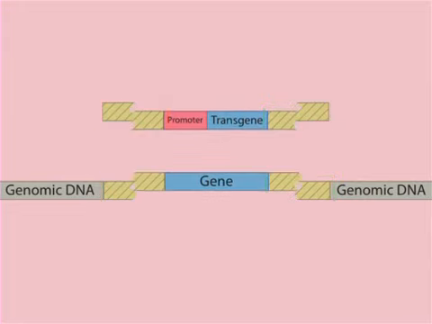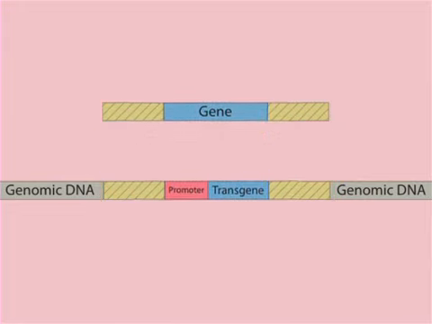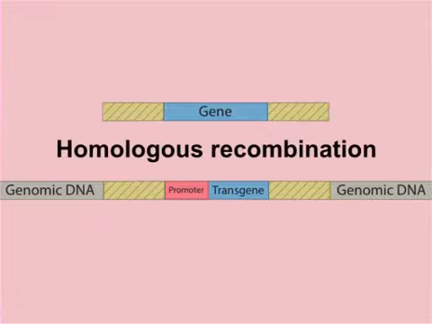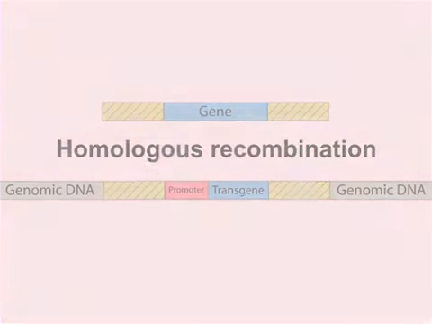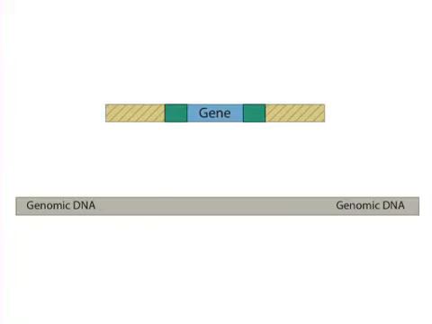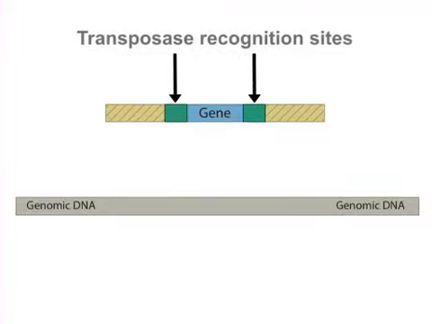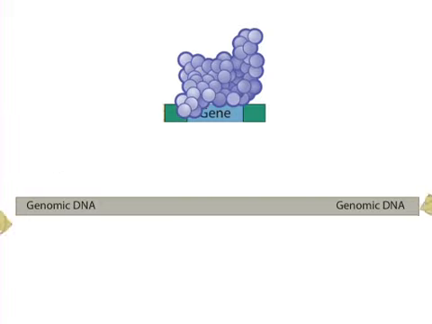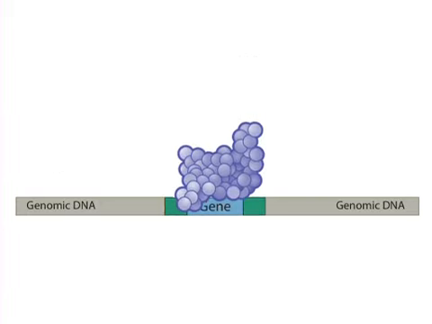This allows the transgene to integrate with the host DNA through a process known as homologous recombination. Alternatively, in some species, special elements called transposons can make transgenesis more efficient by including recognition sites for the enzyme transposase, which catalyzes random insertion of the transgene into the genome.